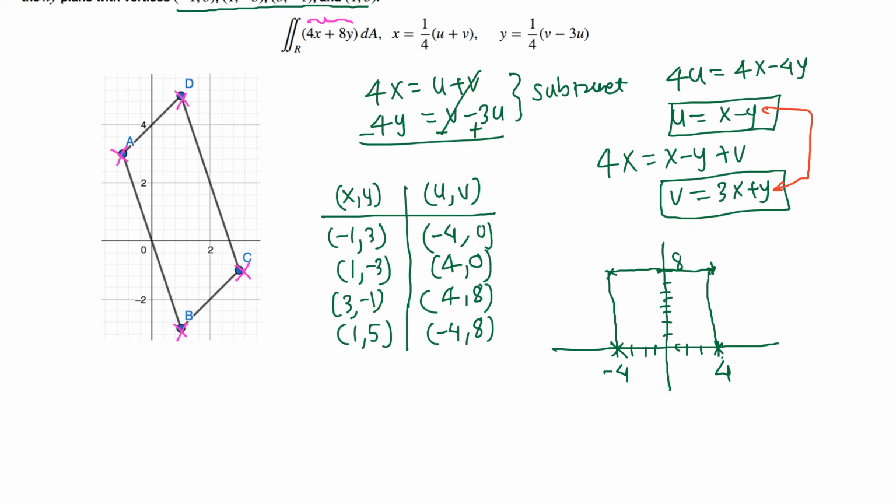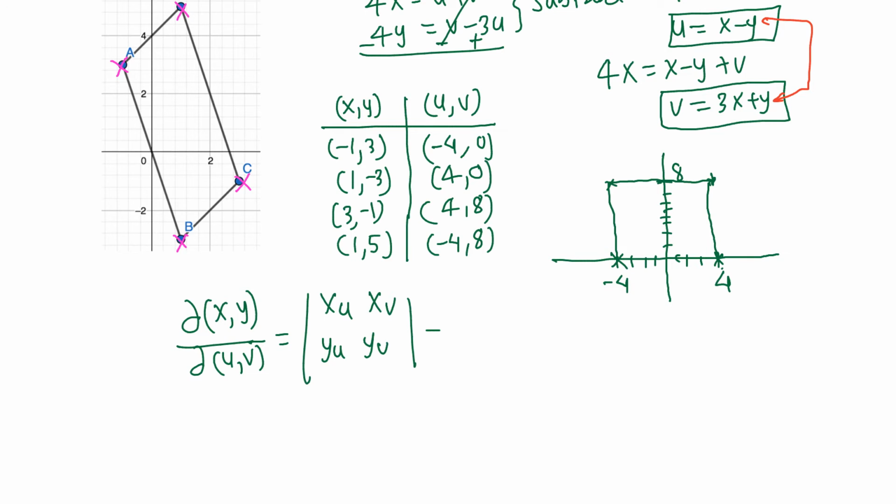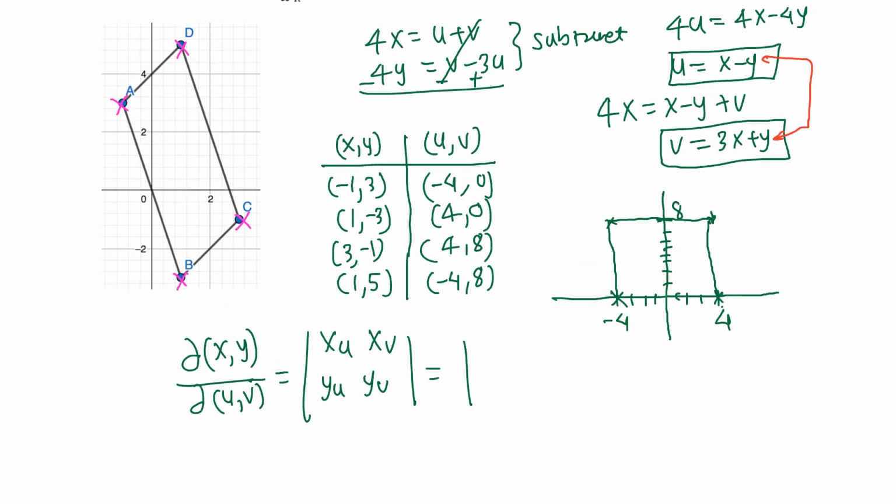So what we are trying to do is convert xy coordinates into uv. So the partial of xy with respect to uv goes on the bottom. This is given by the partial of x with respect to u, with respect to v, and the partial of y with respect to u, with respect to v. And do we have x equals something?